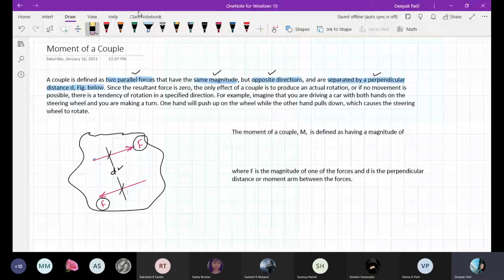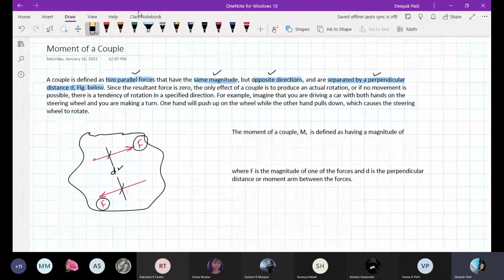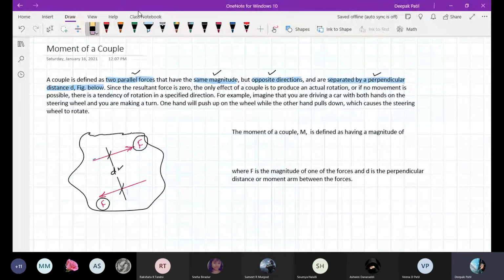If you want to take a left turn, your left hand on the steering will push the steering down and the right hand will pull the steering on the upper side so that you are making a left turn. So this example of both hands on the steering and turning your steering in any direction is a best example for a couple. Okay, so this is one of the examples.